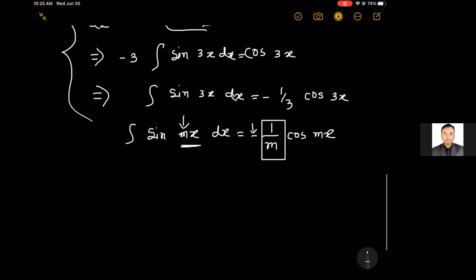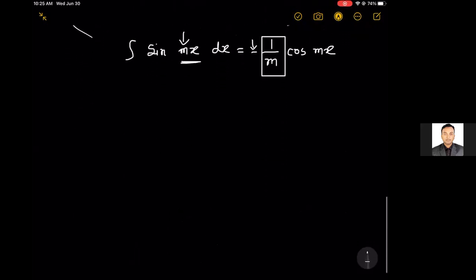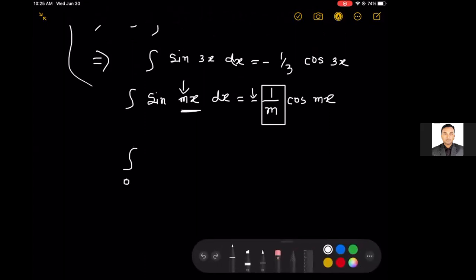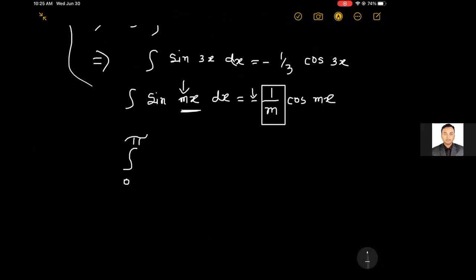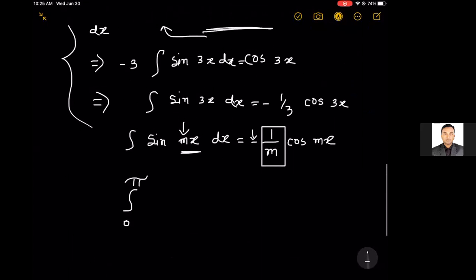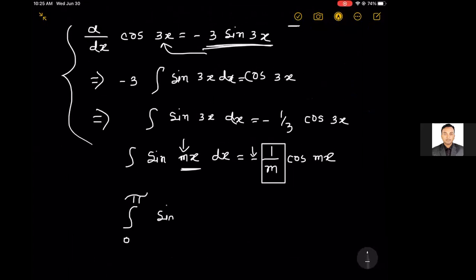So now if I use this generalization and find, let's say, the integral from 0 to pi, since we have done it for 3x, let us try for some other function. Let's say sine 5x dx.